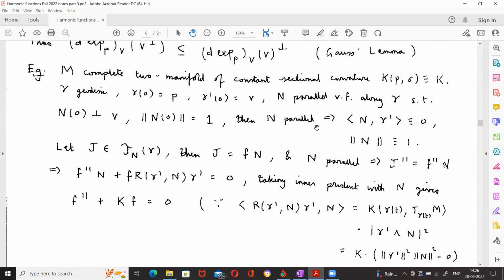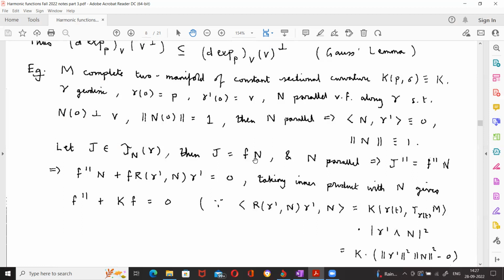So N is everywhere perpendicular to gamma prime and norm N is constant equal to 1. Now let J be a normal Jacobi field. The orthogonal complement of gamma prime in two dimensions is one dimensional, spanned by N. So J must be a multiple of N, so J is some function F times N.